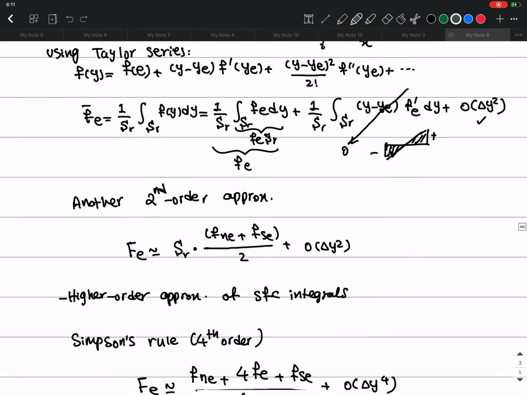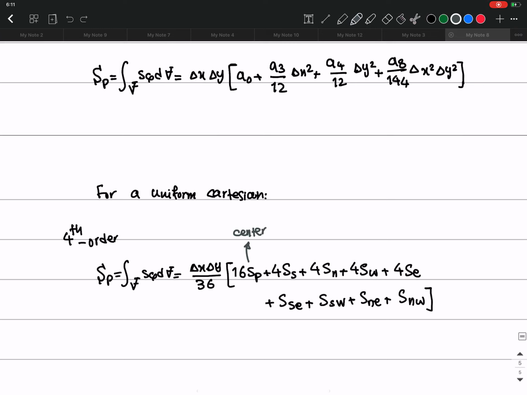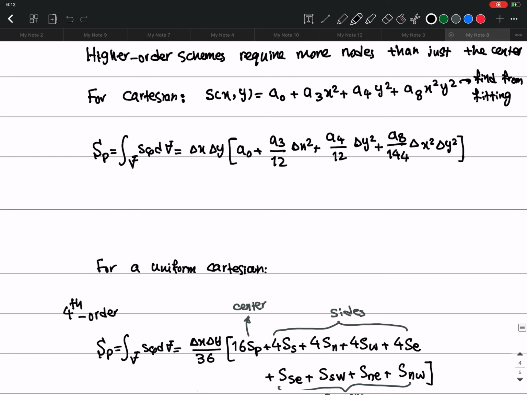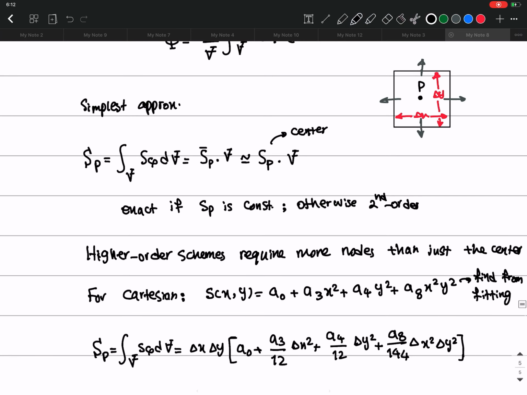So SP is the center one, these are from the sides, and these are from the corners. So this is how we represent this. This is going to be fourth order.